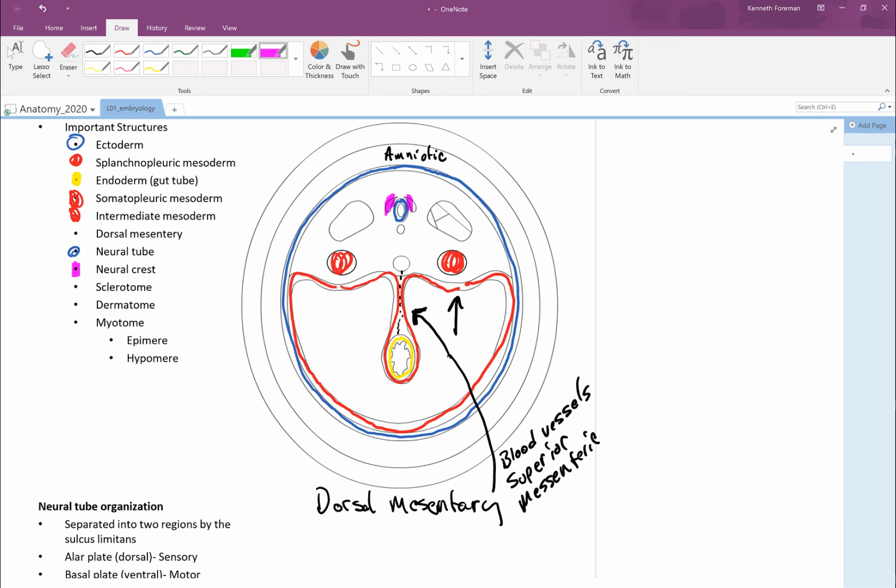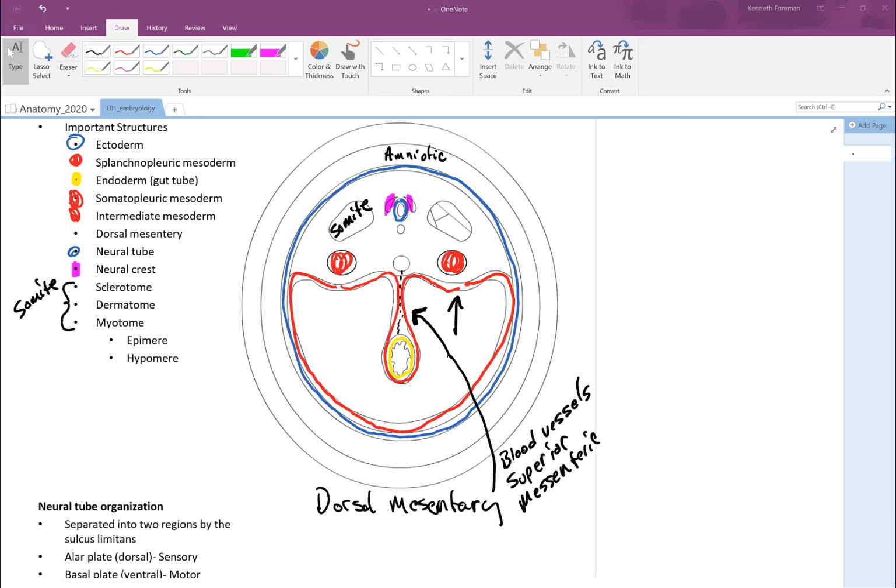Then we have these sclerotome, dermatome, and myotome. These are all derived from that paraxial mesoderm or the somite. Okay? And that's what you're seeing right here is the somite. So on the opposite side, I have it broken up into its different divisions.